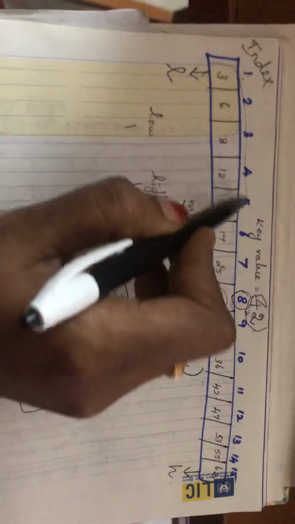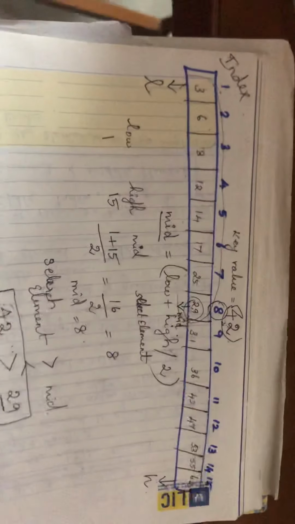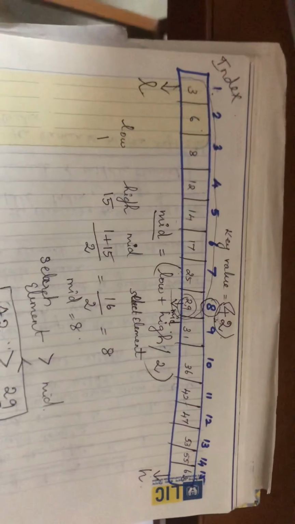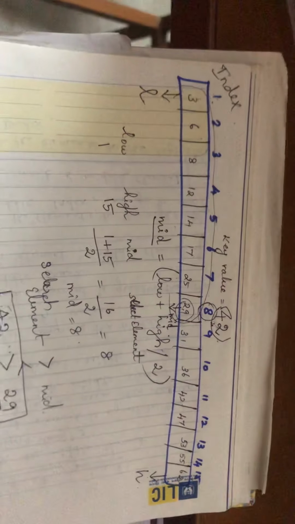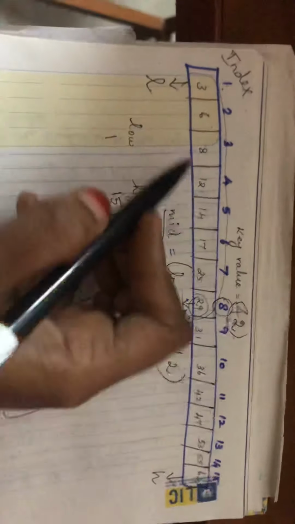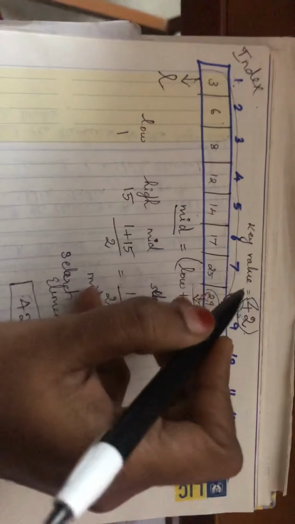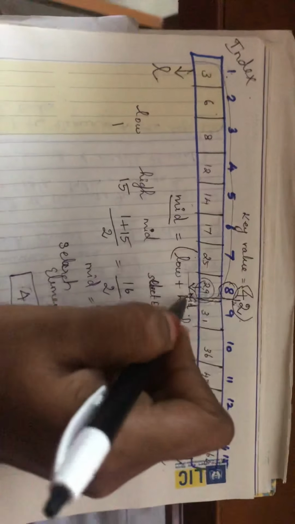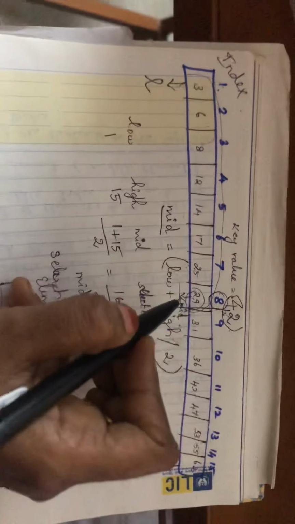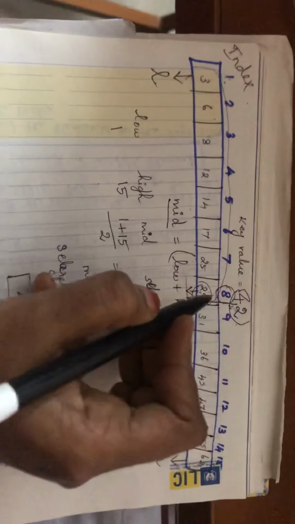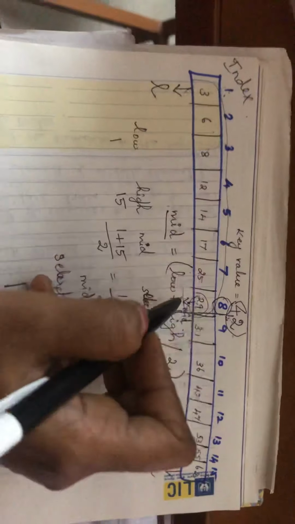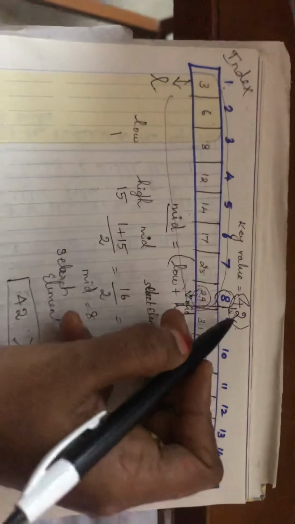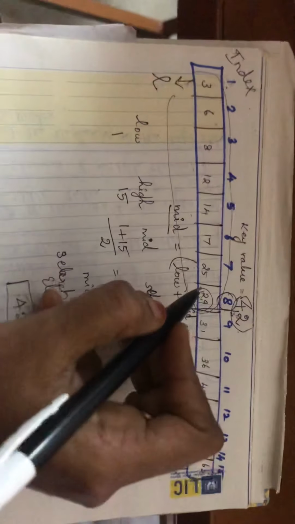Divide and conquer means we split into two parts, and again and again we split into two parts. Here there are two parts. We compare the key value with the mid value. This is the omitted part because the key value is higher than the mid value.